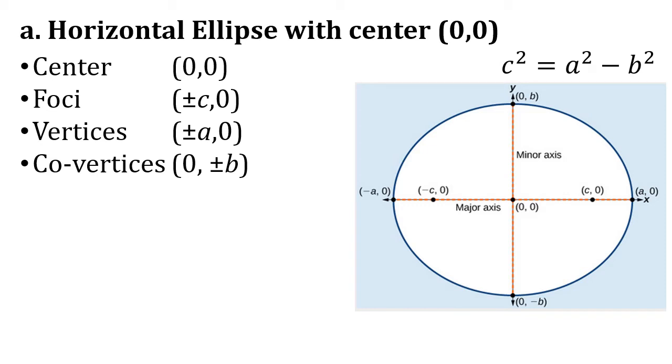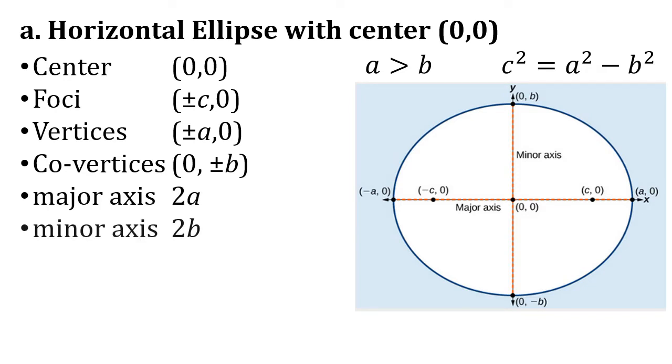The coordinates are (0, b) and (0, -b). So take note that a is greater than b, because the length of the major axis is 2a and the length of the minor axis is 2b.